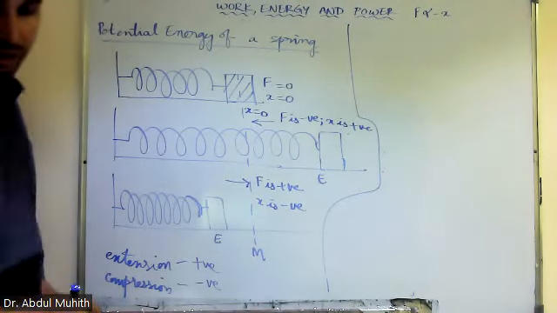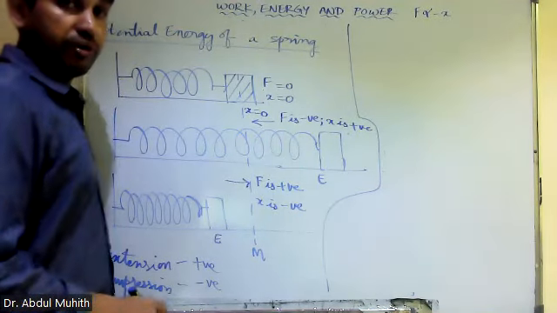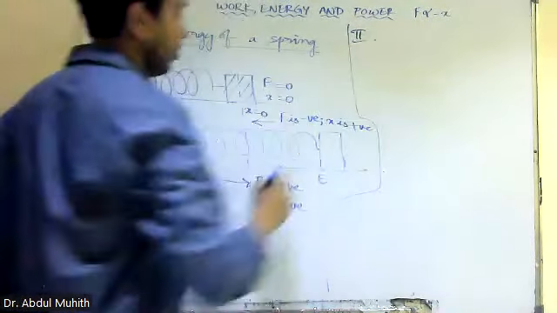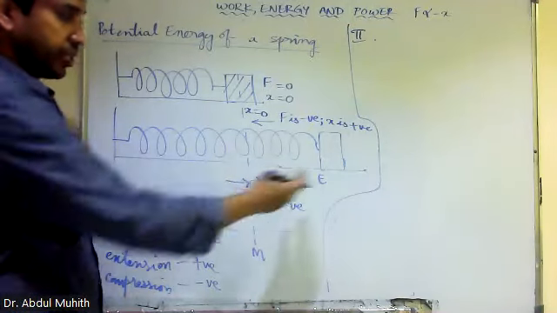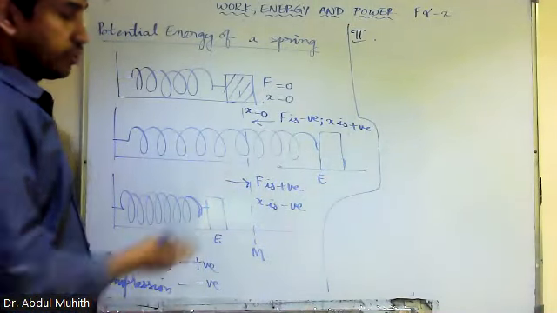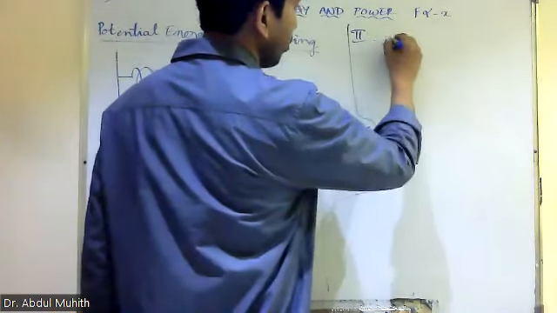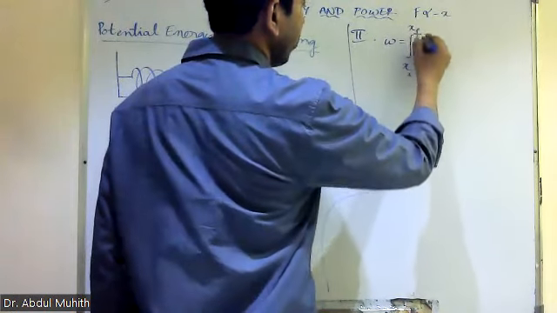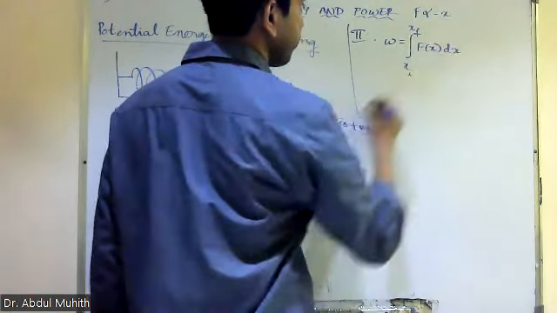Now the second part. We have xi to xf. Now it is a general one. The first one was from mean to extreme. The second one can be taken from extreme to extreme, or mean to extreme anyway. So we are writing W equals the integration from xi to xf of F(x) dx.